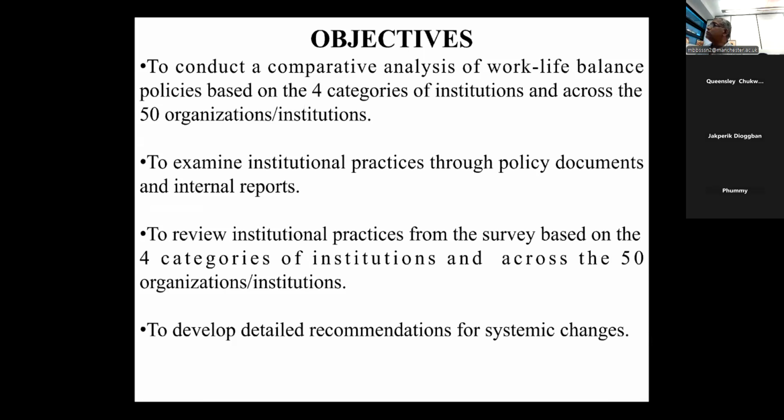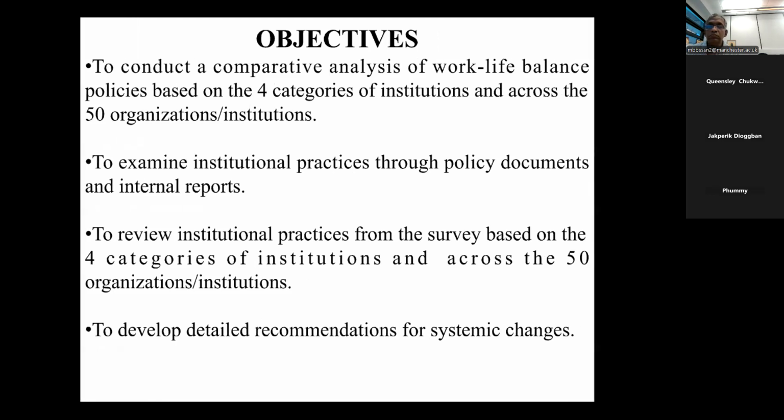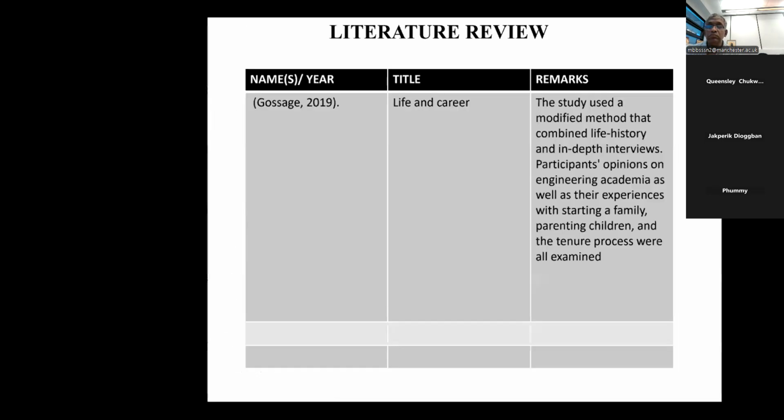Also to examine institutional practice through policy documents and reports. Reviewing institutional practice from the survey based on the 4 categories of institution mentioned. And lastly, to develop detailed and tailored institutional policy recommendations for systemic changes in the 4 categories of institutions.